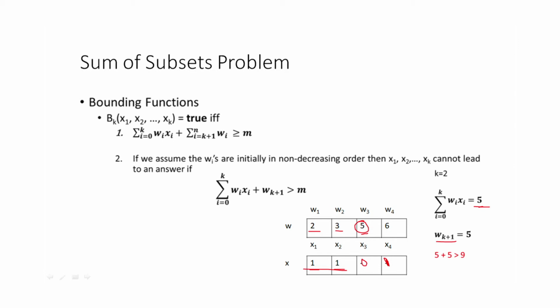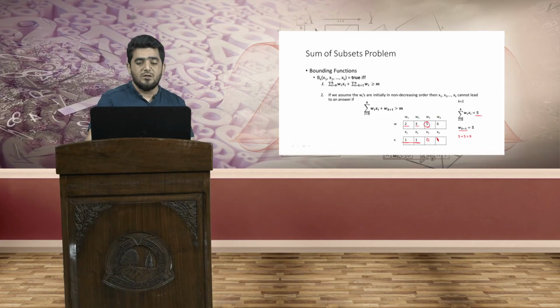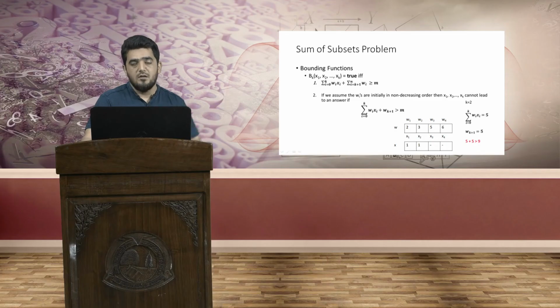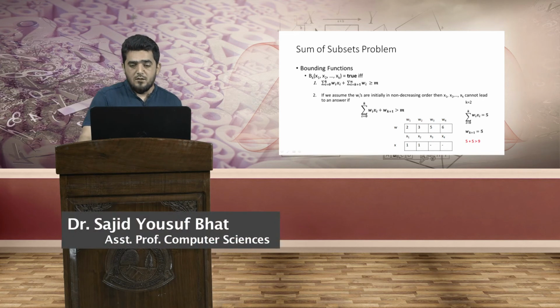Or if we do not consider any of the weights after k, the total weight will again not be equal to m. It will be less than m. If we consider any weight greater than k, it will be greater than m. So it means we can stop right here, and not proceed with finding solutions by considering other weights.